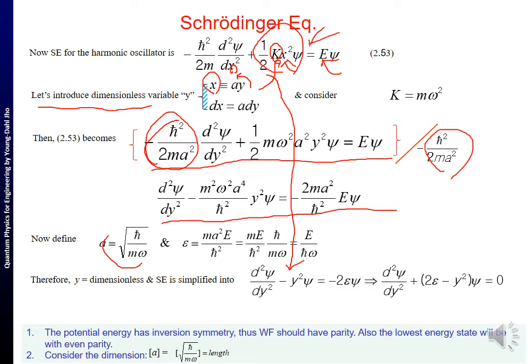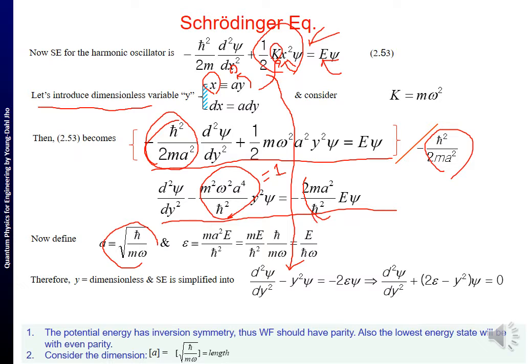Here let's set a to the square root of h bar over m omega. Then you will see this is actually 1, and you will see epsilon.